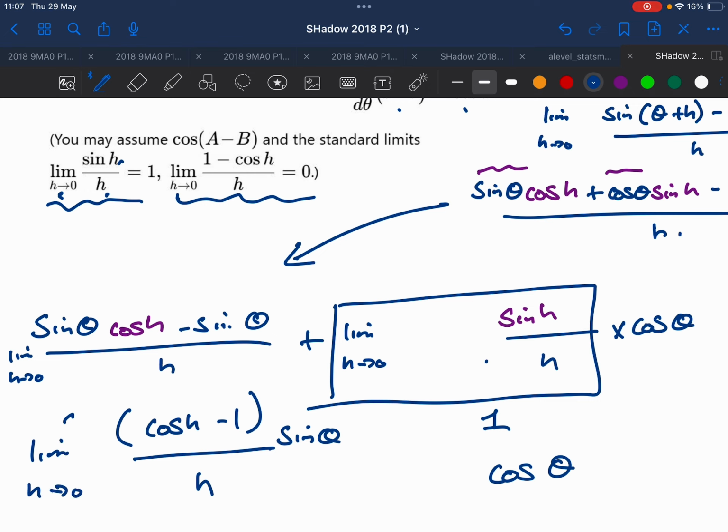Now, this has got the result the other way round to how it normally is. But it is also true that cos h minus 1 over h leads to 0. In fact, it's really easy to just force it to happen, if you like. I could just factorize a minus there, and there you go.